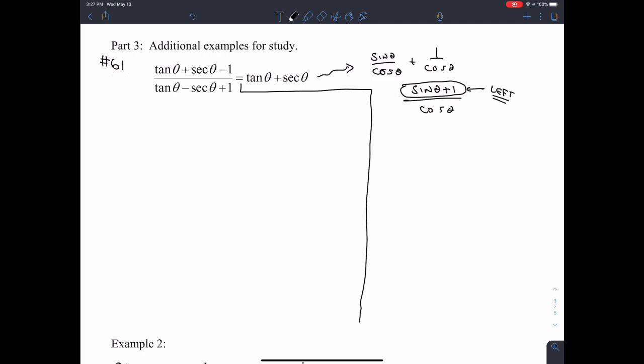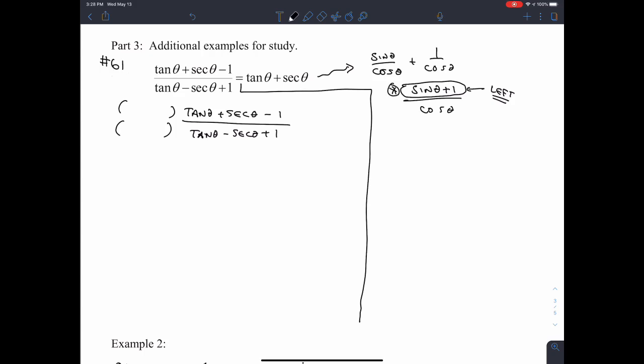So instead of working on the right side to try to create that monster fraction on the left, we're simply going to take this tangent theta plus secant theta minus 1, and we're going to multiply the top and the bottom by this item right over here.